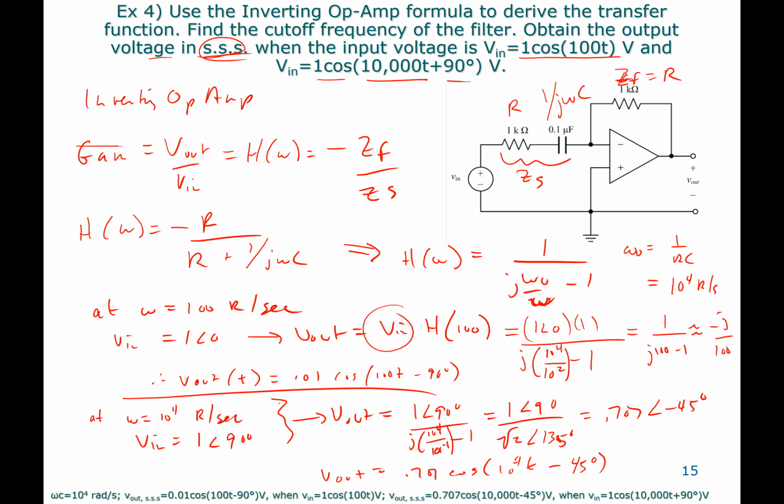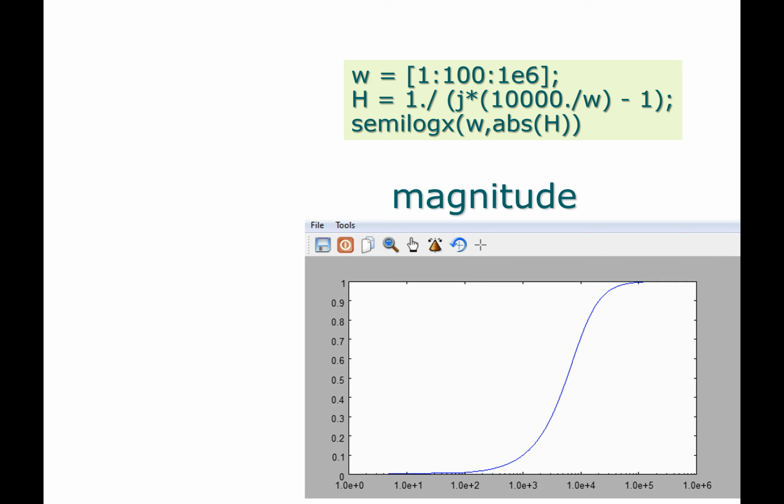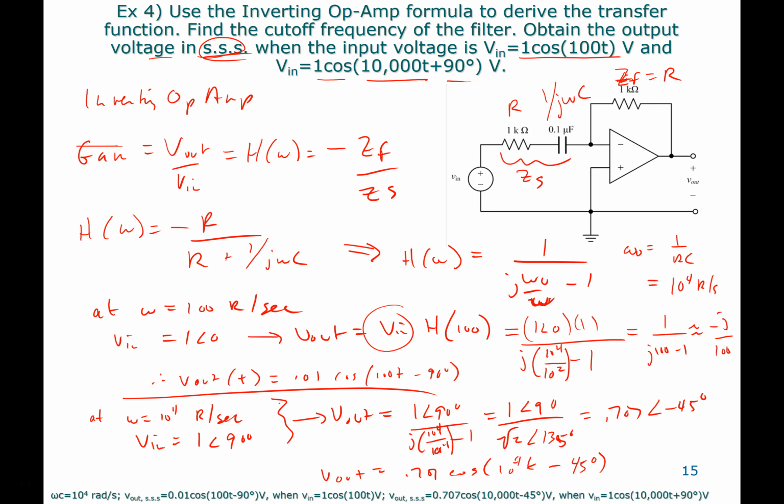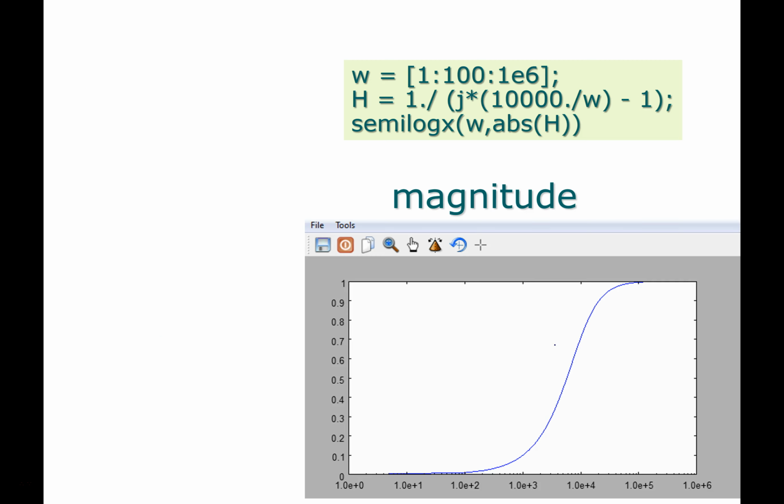And again, I always like to visualize these things. When you're just talking about 1 over j omega 0 over omega minus 1, where that's 10 to the 4, that's a little hard to visualize.